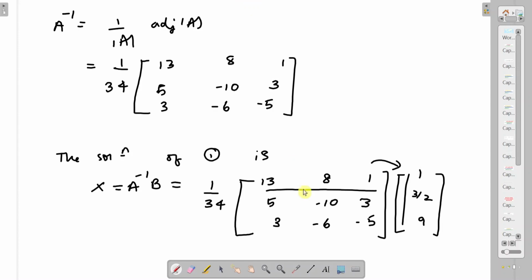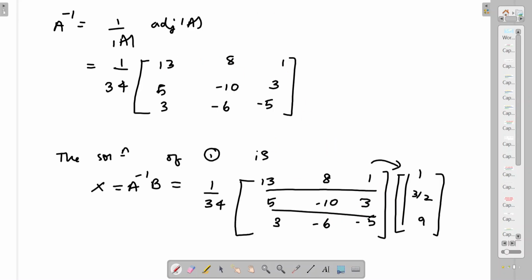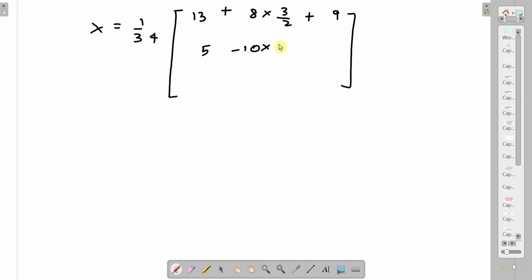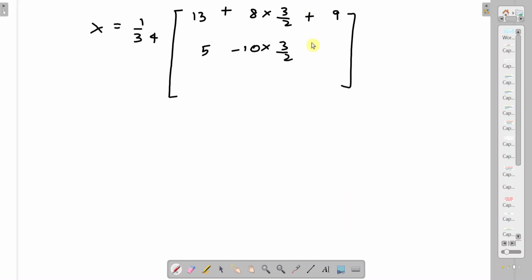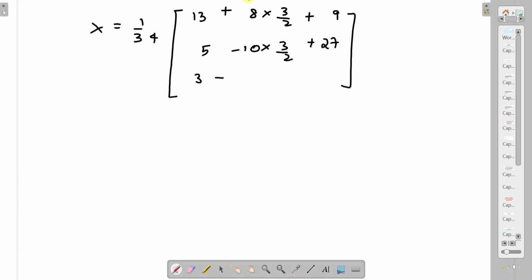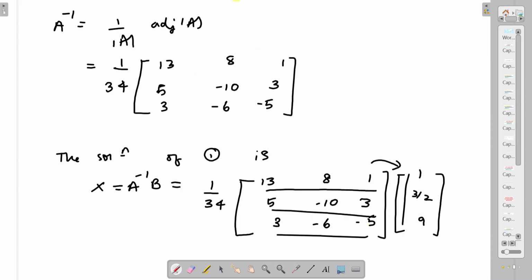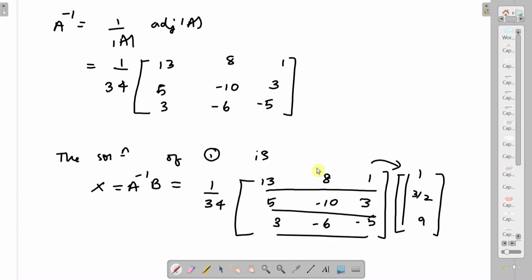Then second row multiplied by this column, so 5, then minus 10 multiplied by 3 by 2, and then 3 multiplied by 9, which is 27. Then this row multiplied by this column, so 3 times 1 is 3, then minus 6 times 3 by 2, minus 5 times 9 is minus 45.